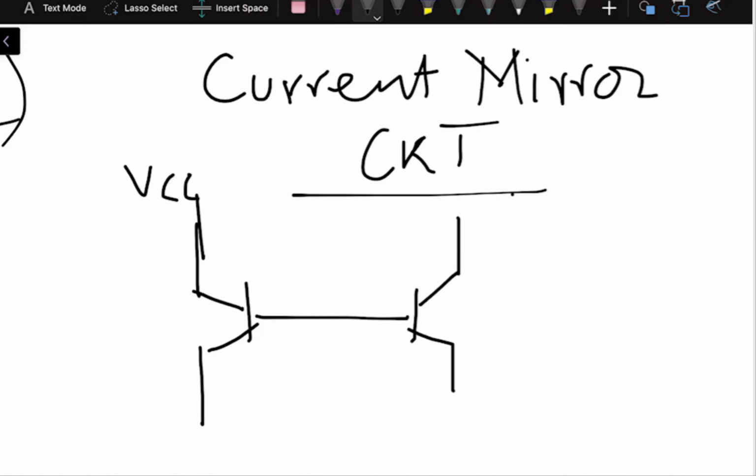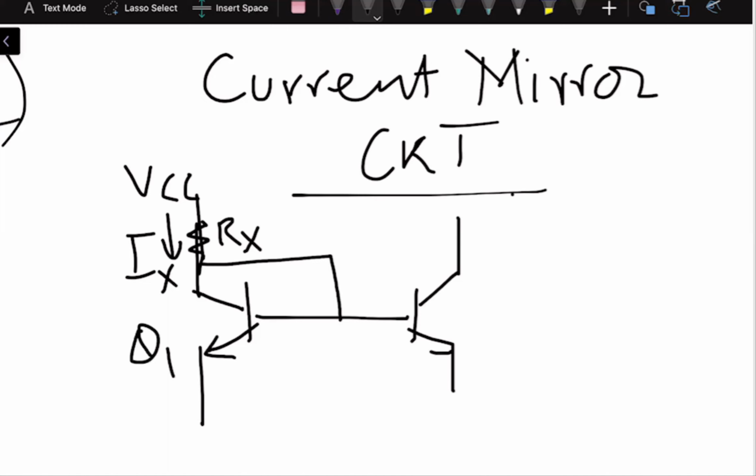With that we have a resistor over here. We call this resistor Rx, and the current flowing here is Ix. With that we have a connection point from here to here, and we say that the transistor Q1 is identical to transistor Q2.